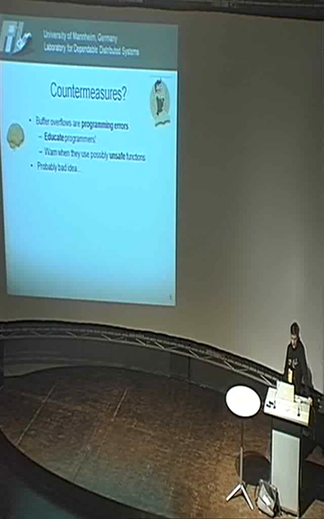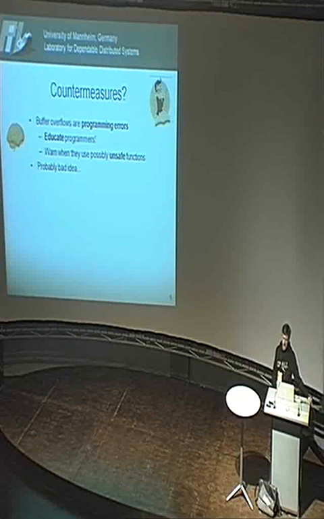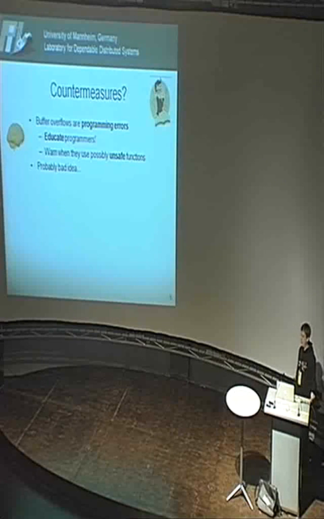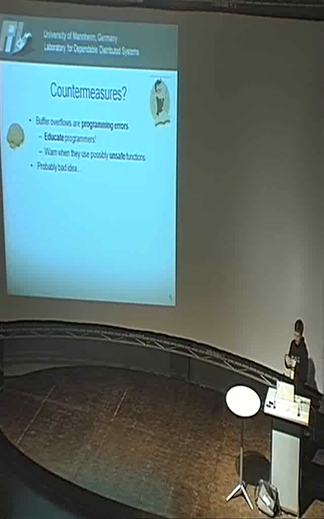And so one idea might be to simply educate programmers, which is, for example, what Microsoft does when you call certain possibly unsafe functions with their C compiler. It prints out a warning which says that please don't use this function, use our super safe other function instead.